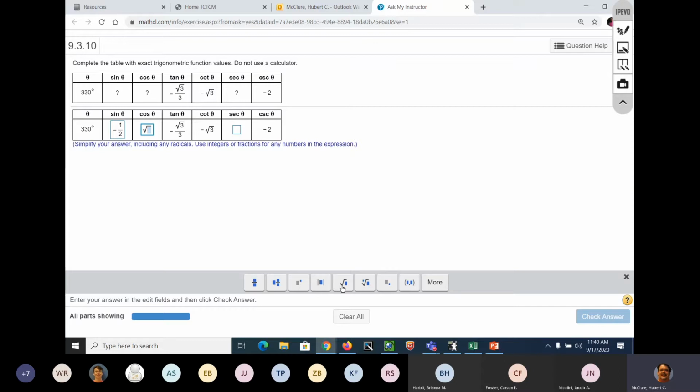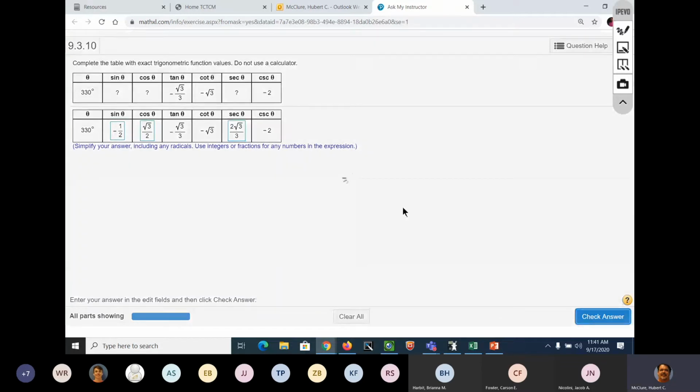The secant is equal to 2 square root of 3 divided by 3. And let's see if we feel good about ourselves. Yes, we do.